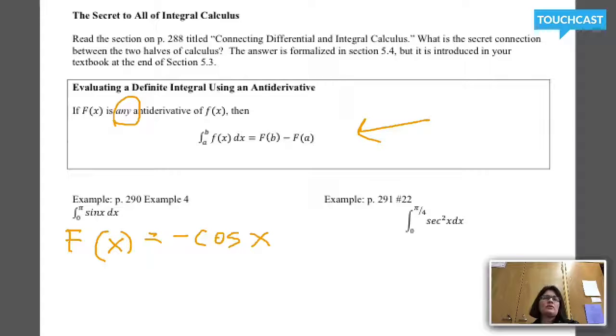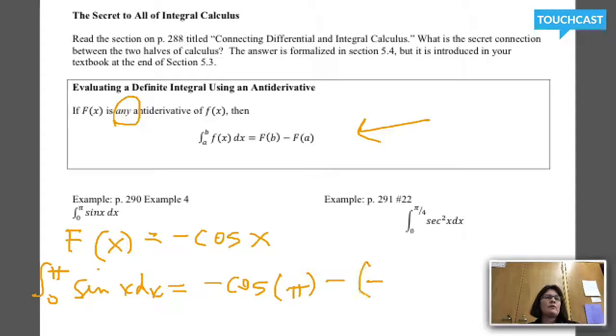This integral from 0 to pi of sine x dx is going to equal capital F of b minus capital F of a. A is 0, b is pi. That's going to be negative cosine of pi, minus negative cosine of 0.